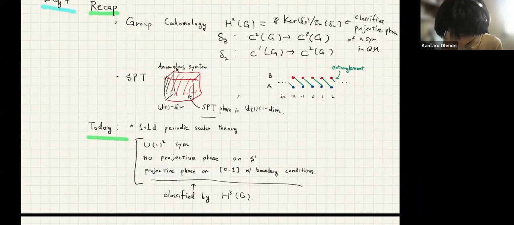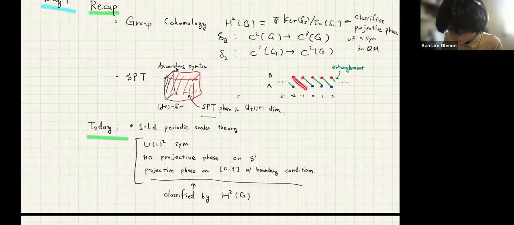Each site consists of two qubits, a bipartite system, and the state has this kind of entanglement structure. This green line shows the EPR pair or Bell state, and what's peculiar is that if you cut the chain somewhere here, there is an isolated qubit.